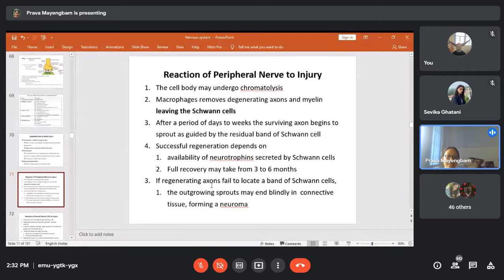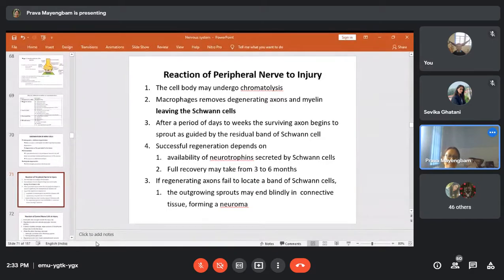If the regenerating axon fails to locate a band of Schwann cells, then the outgrowing sprouts may end up blindly in connective tissue, forming a neuroma. That means a scar will be present, but this will not be able to bring back that portion of that neuron, maybe the axon, the dendrite, or the spine.